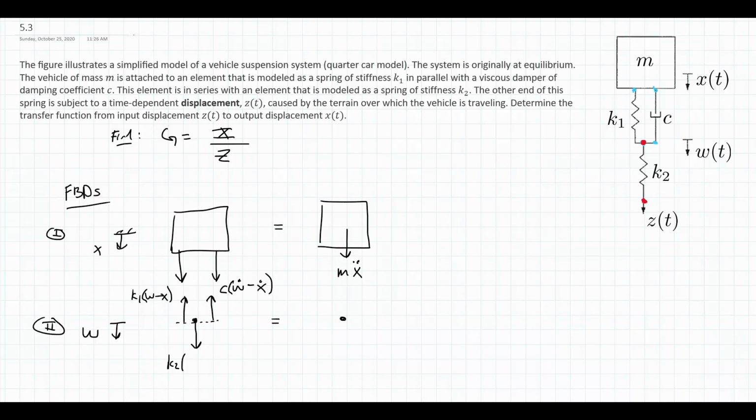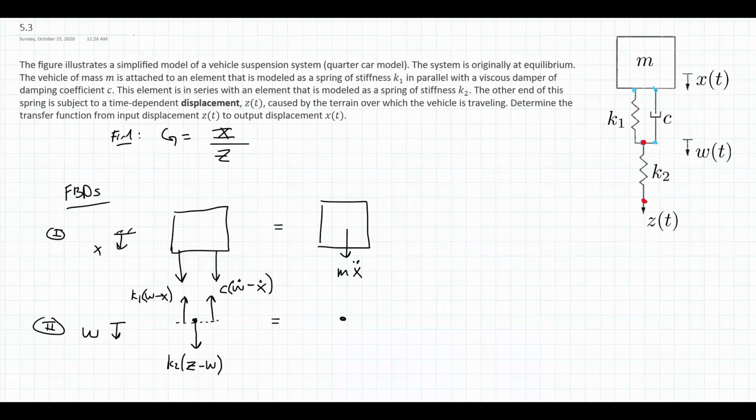So for example, if I hold W at 0, the way that the arrow is pointing, a positive Z causes tension. And if I hold Z at 0, a negative W causes tension. So the force through this spring is K2 (Z minus W). And that's it. Z by itself does not appear in a free body diagram.